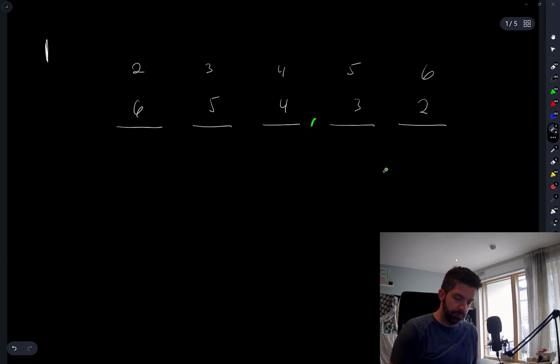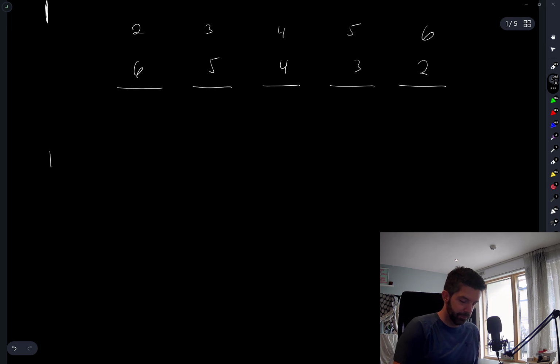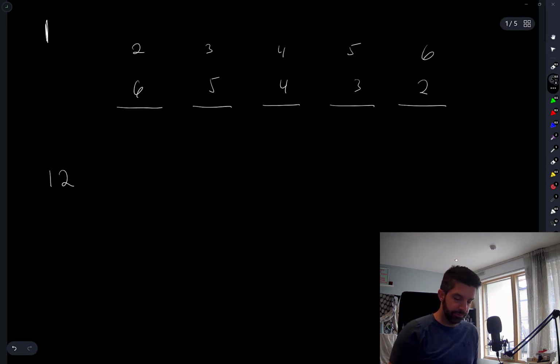They can either be increasing or decreasing: 2, 3, 4, 5, 6, or 6, 5, 4, 3, 2. And then how many places could I place the number 1? It could go in 6 different places. So there are 12 arrangements where it allows for the number 1 to be removed.